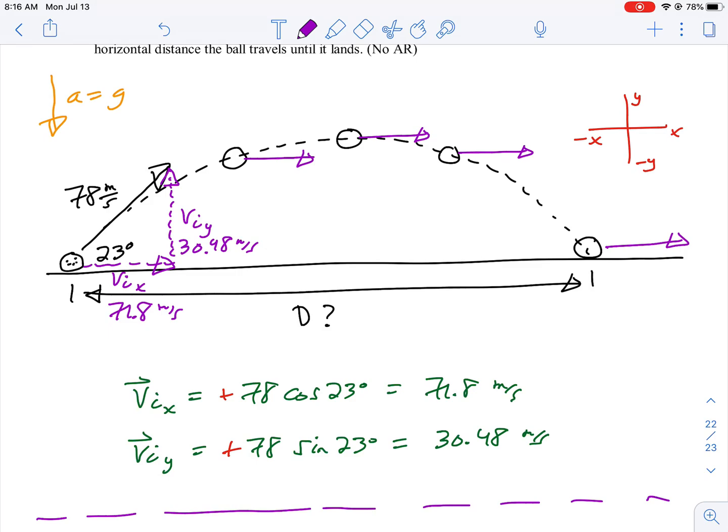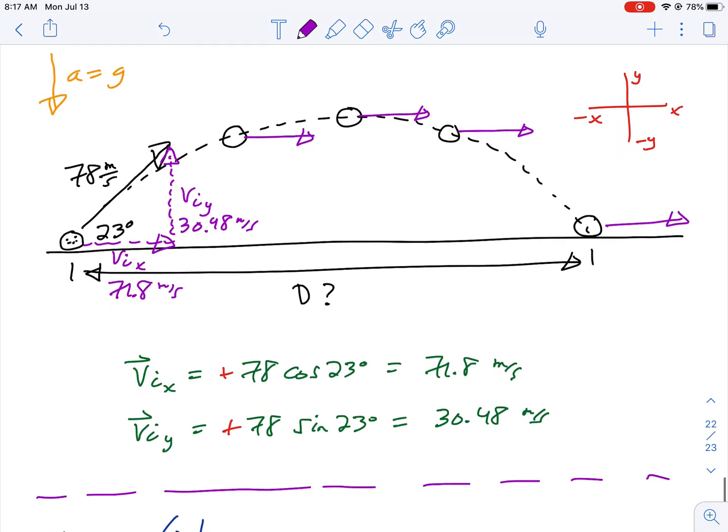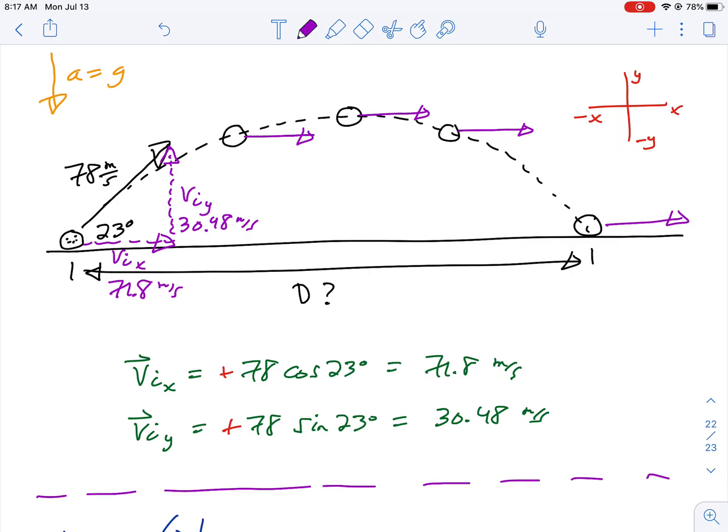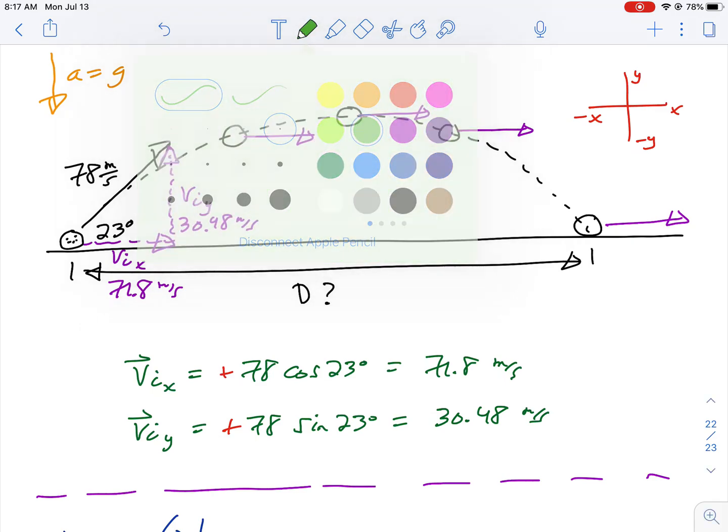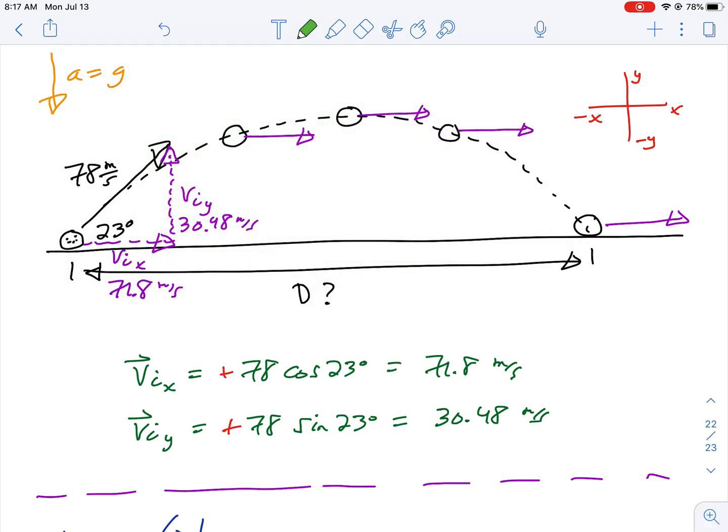Constant horizontal. And although it's a little bit messy in here, can you draw the overall displacement vector? And again, I'm just going to choose a color here that doesn't ruin this diagram. But displacement goes from start to finish.